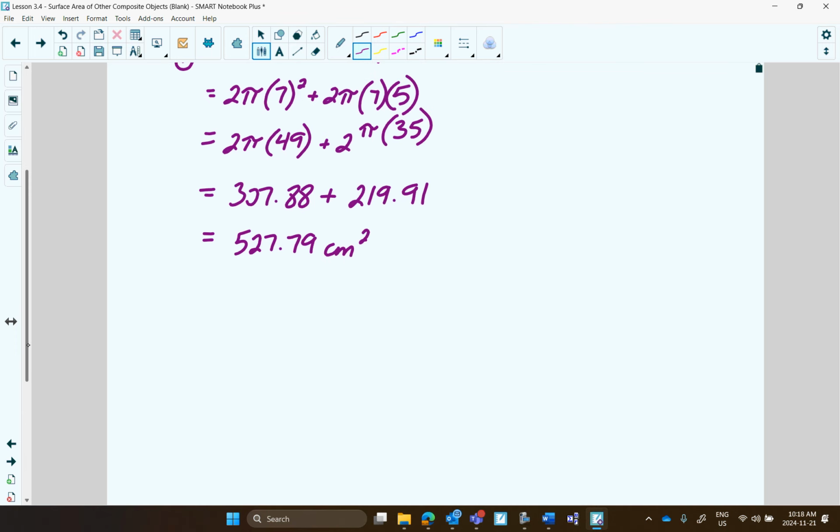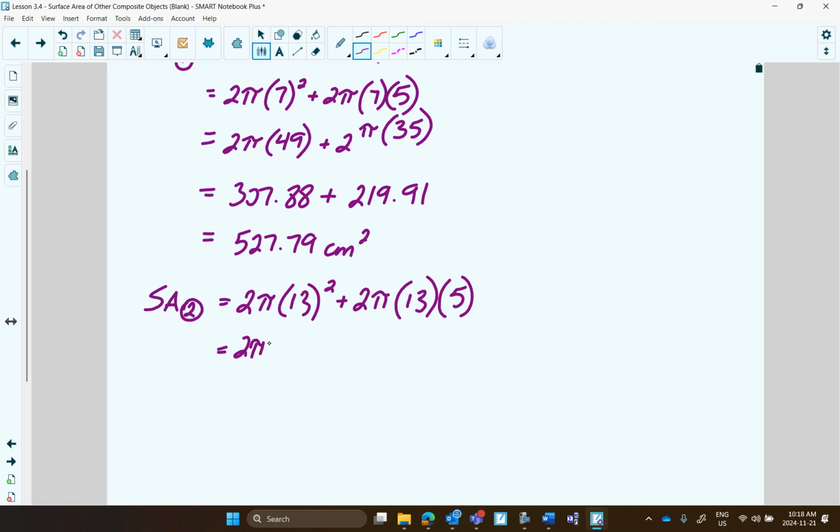So the surface area of number 2 is going to be 2 times pi times 13 squared plus 2 times pi times 13 times the height of 5, which gives me 2 times pi times 169, because I have to square first, plus 2 times pi times 65. Now I'm ready to use my calculator.